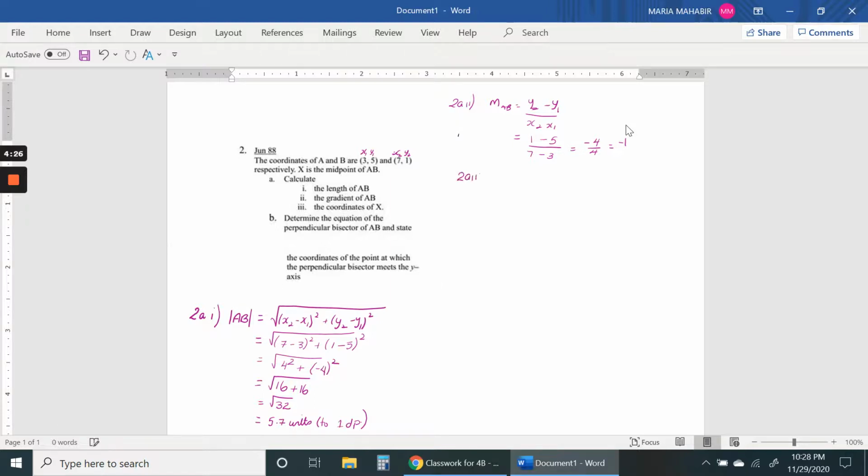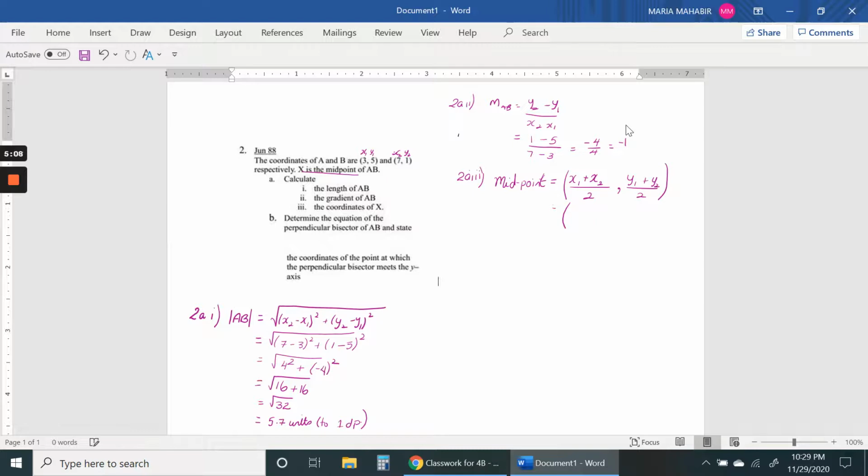2A part 3. The coordinates of X. We know the midpoint because it told us X is the midpoint of AB. So we know how to find midpoint: (x1 plus x2 all over 2, y1 plus y2 all over 2).